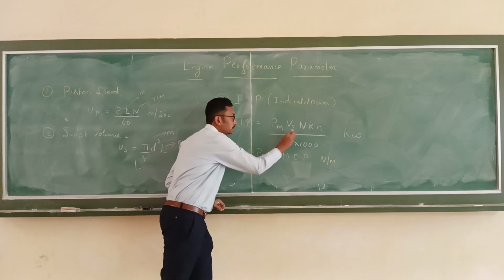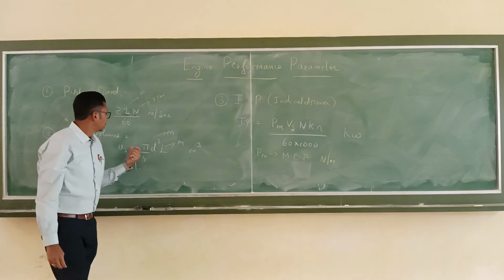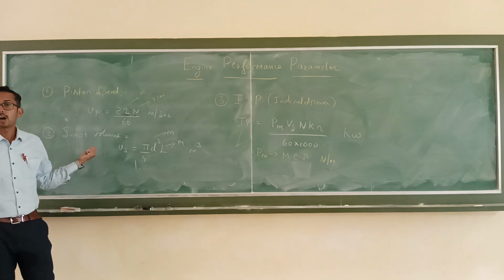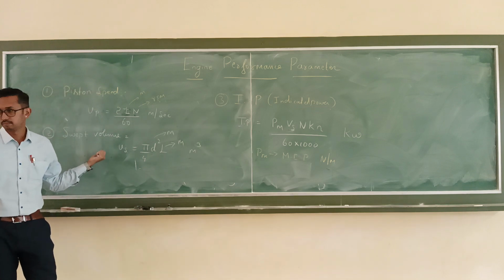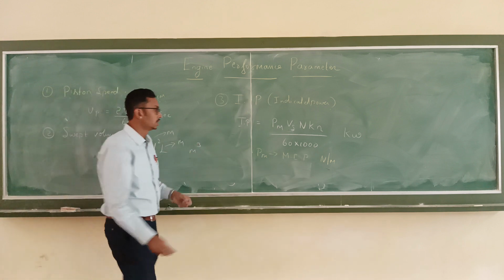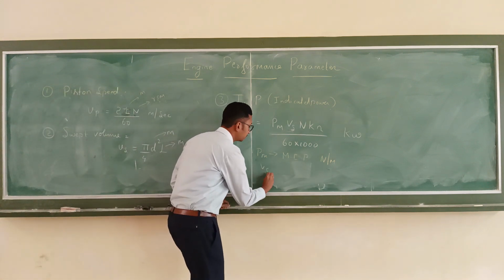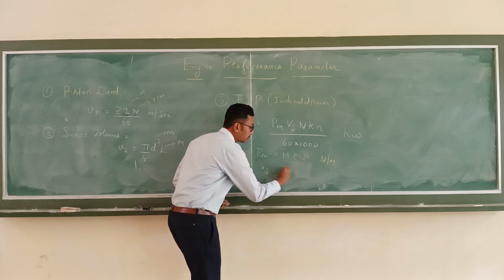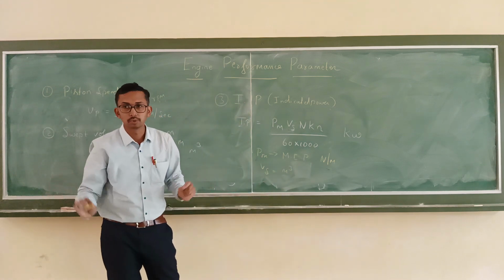What is Vs? Swept volume, also called stroke volume, and it must be in meter cube.